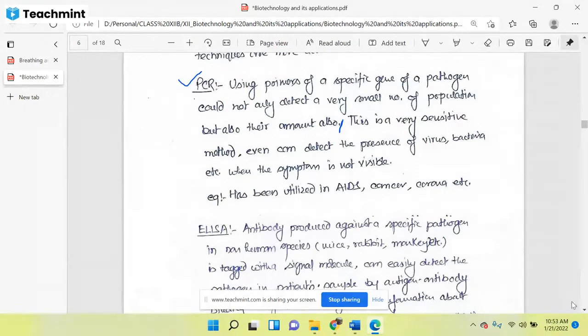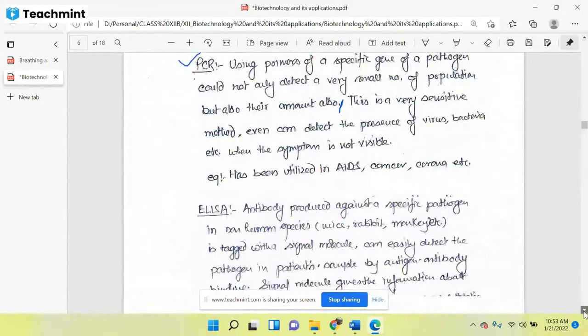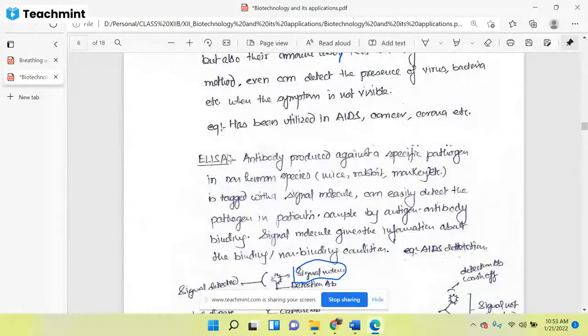Now the second procedure we had discussed is ELISA, and I told you to remember in which particular diseases we are using this detection technique or diagnostic procedure. And you will have to remember its full form.